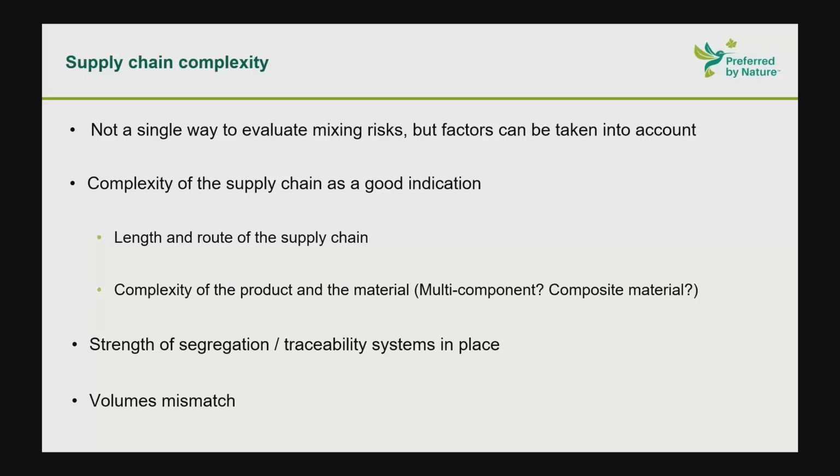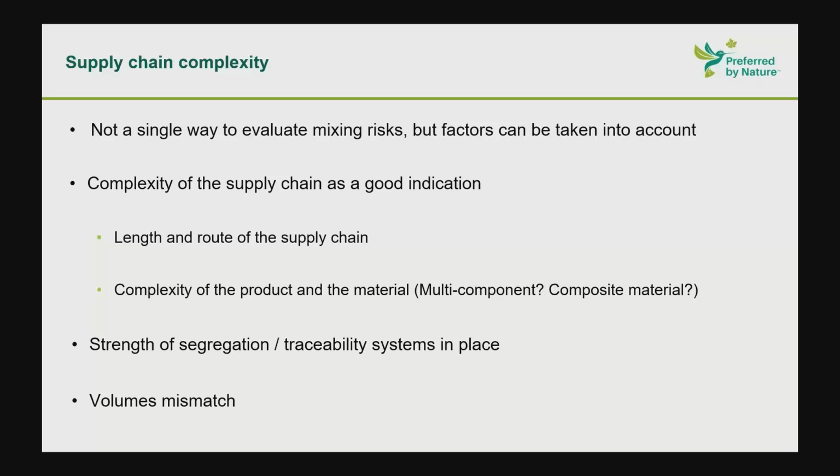So those are, for instance, the length of your supply chain. The more tiers in your supply chain, the higher the risk of mixing will be. The route of your supply chain too: the more different countries and export processes are involved, also quite a good indication that the risk of mixing is going to be stronger. The complexity of your product, of course: if you're dealing with solid sawn timber, it's much easier to keep traceability of this than with a very multi-component product with composite material, right?